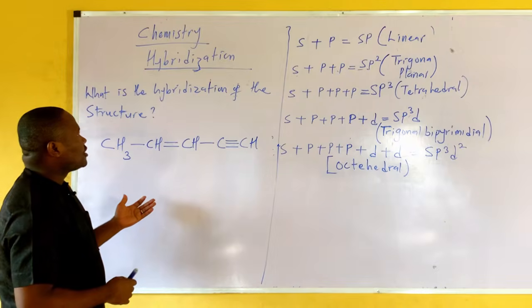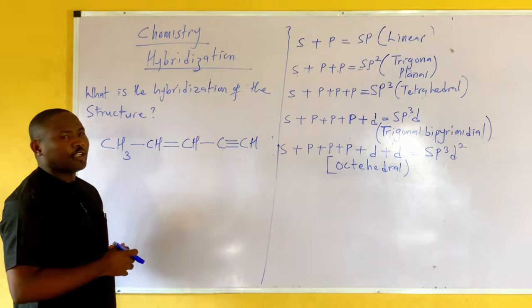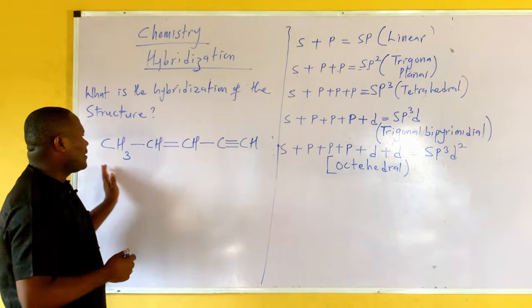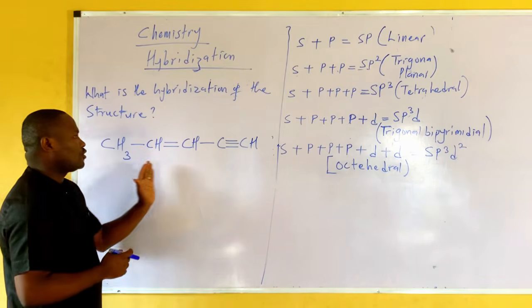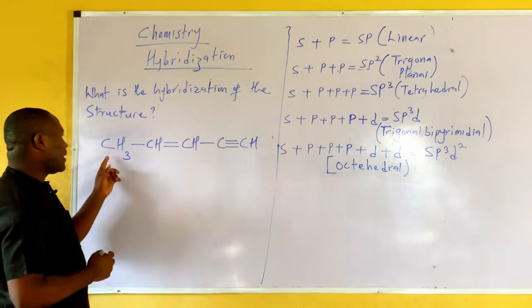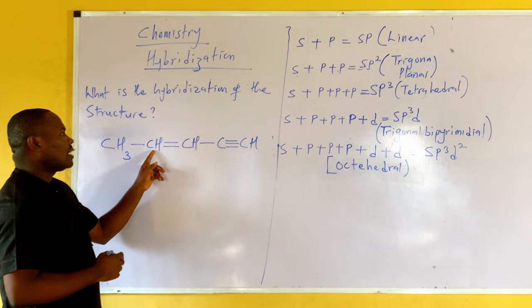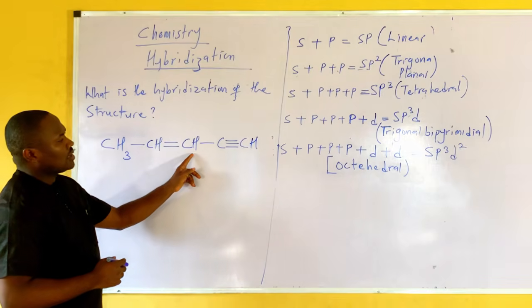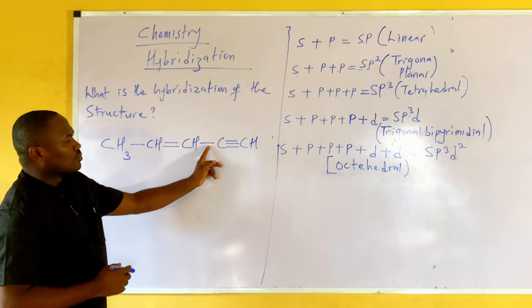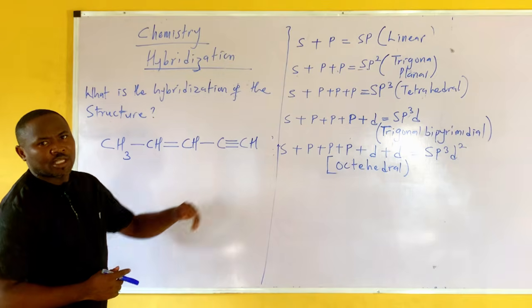Now, considering the first three we just did, I could have a structure like this, and I will ask you, what is the hybridization of this structure? I have CH3, then CH double bond CH, then single bond C, triple bond CH.